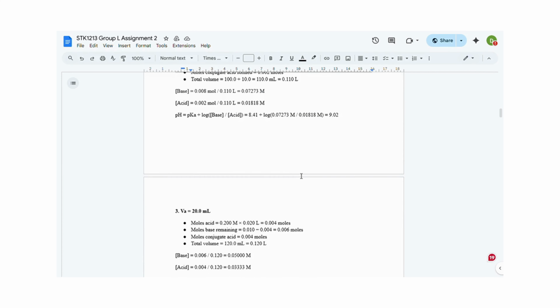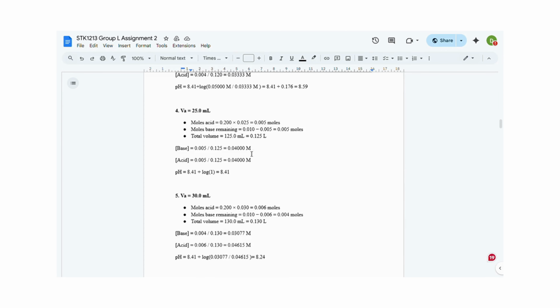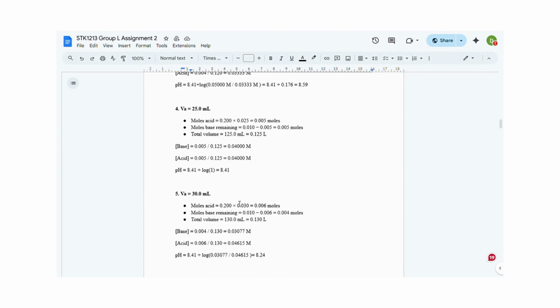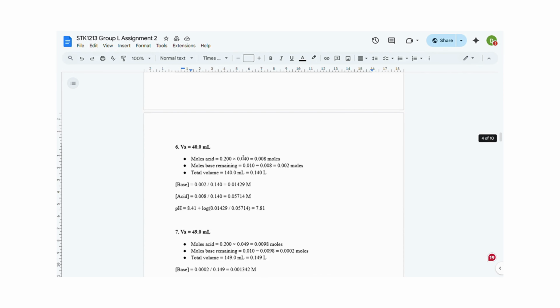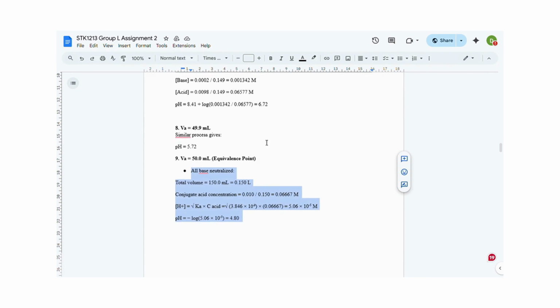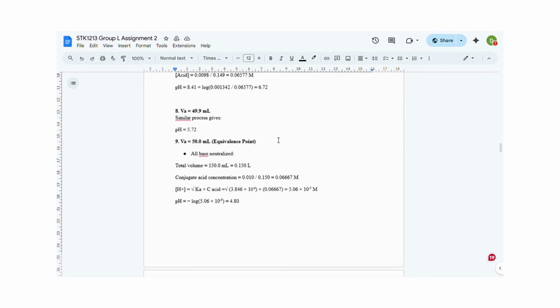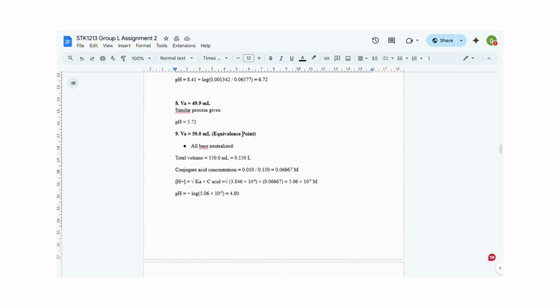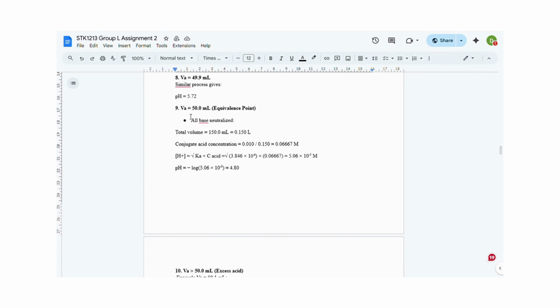And we do it the same for 20 milliliter, 25 milliliter, 30 milliliter also the same, 40, and also 49, and also for 49.9. But for 50 milliliter, which is our equivalence point, we do it differently.